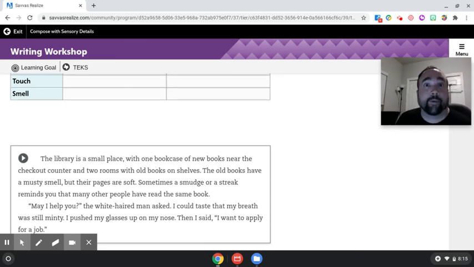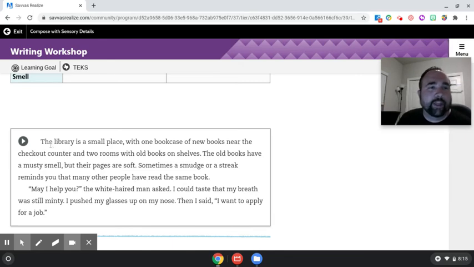So, here we go. Are you ready? The library is a small place with 1 bookcase of new books near the checkout counter and 2 rooms with old books on the shelves. The old books have a musty smell, but their pages are soft.